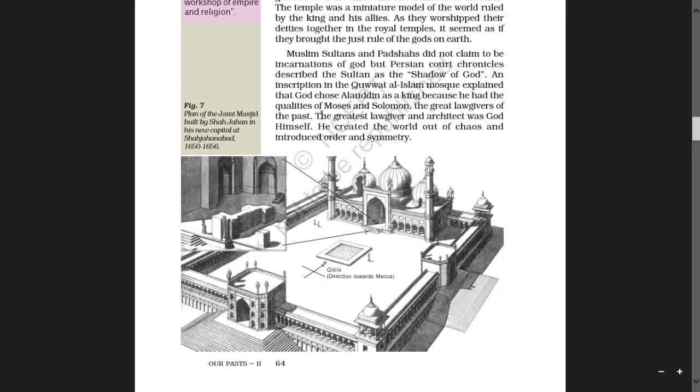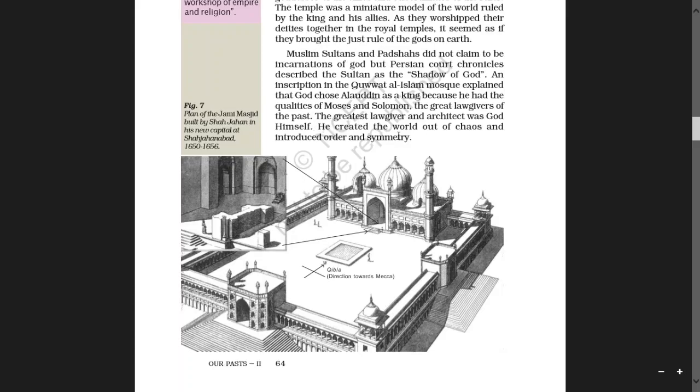But among all, the greatest lawgiver and architect, meaning one who designs buildings, was God Himself.